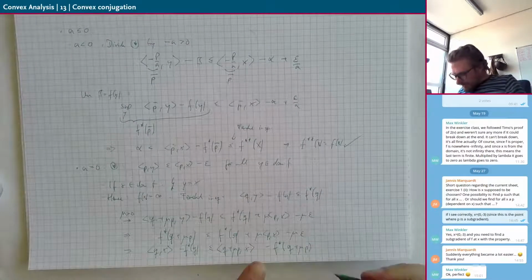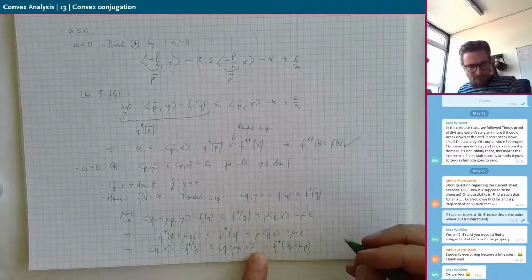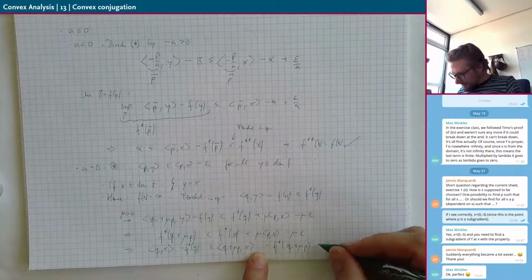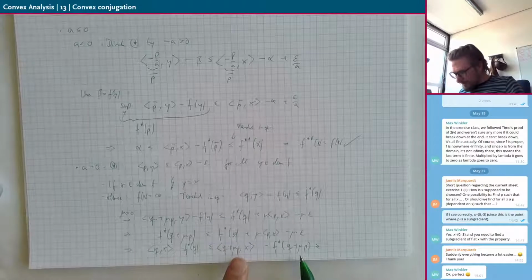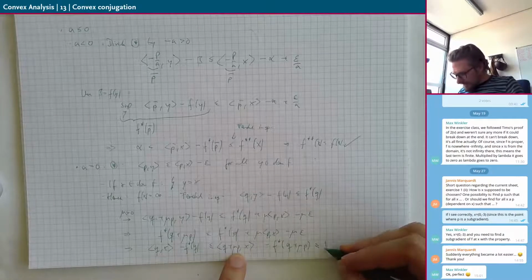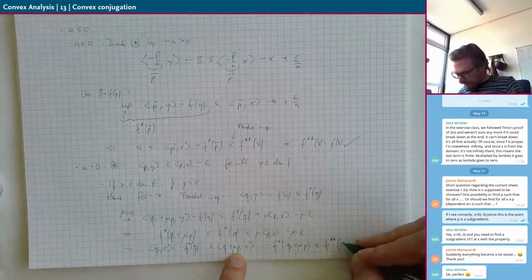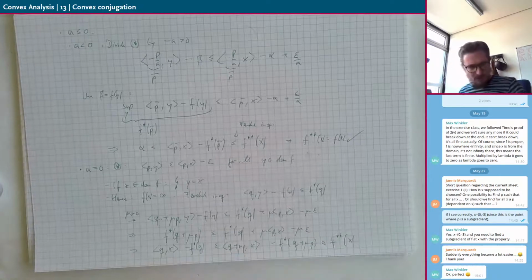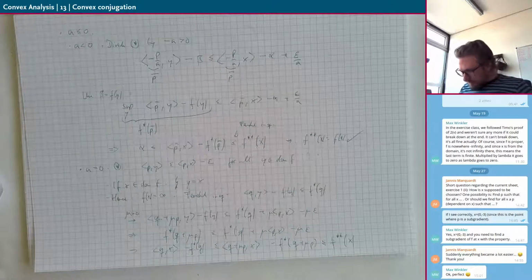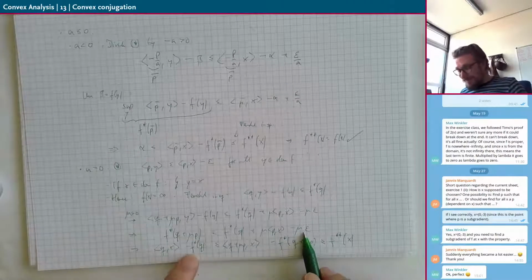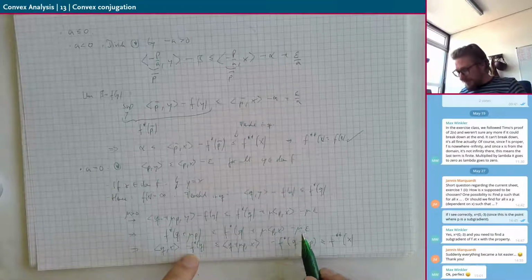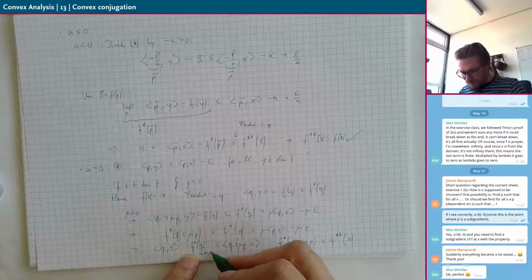Okay, but here on the right hand side, by again Fenchel's inequality, this is smaller or equal to the biconjugate f star star of x. We need that term actually, and we put it here. We put it plus mu epsilon here.